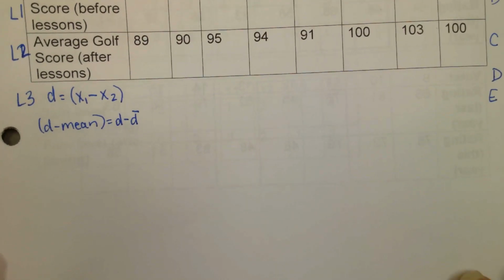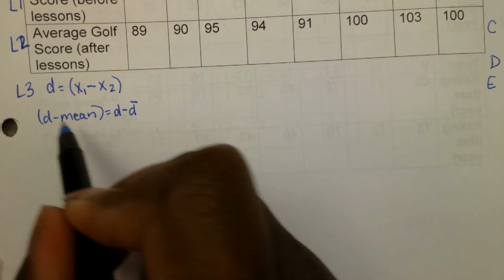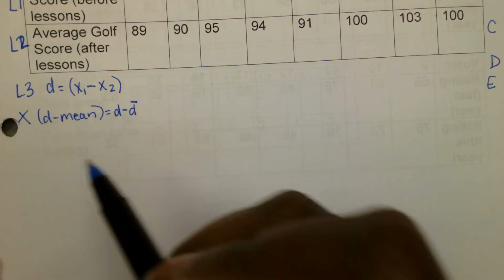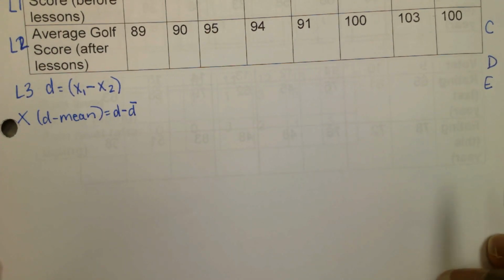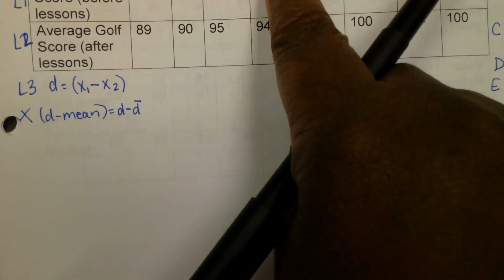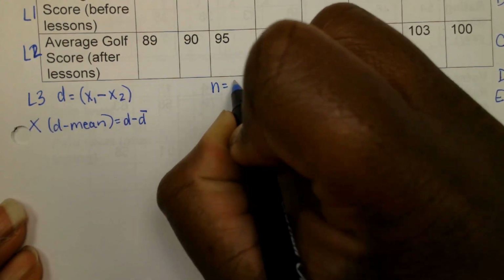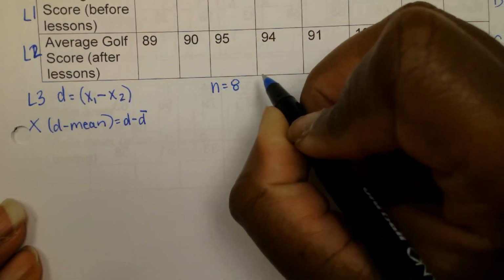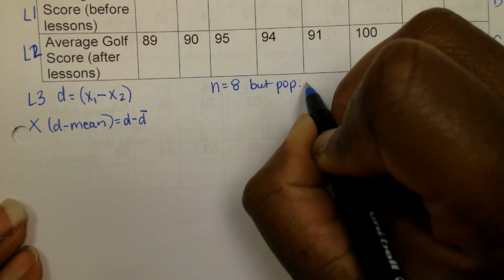So you didn't have that for the calculator, just for Excel. All right, so let's get our testing done. So we looked at n equals 8, right here. But the population was normally distributed, so we're good with that part.